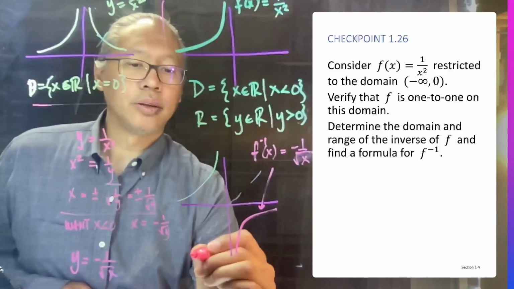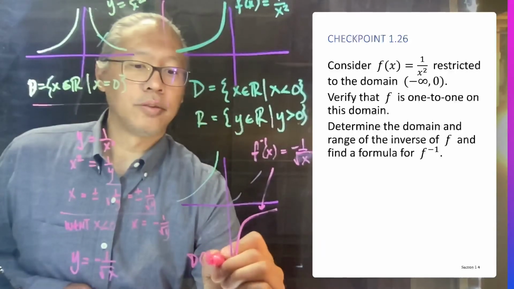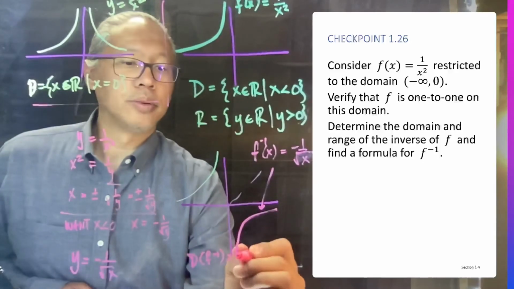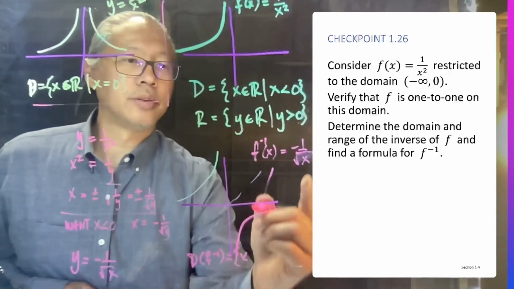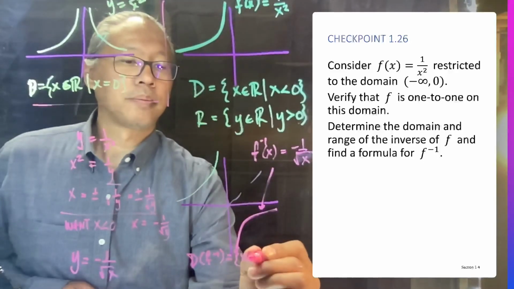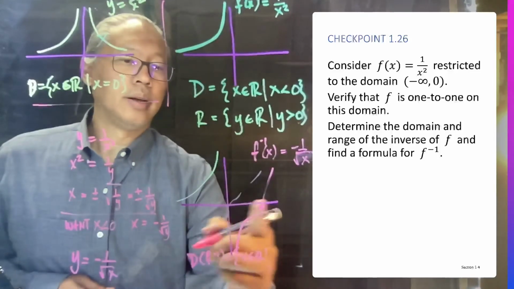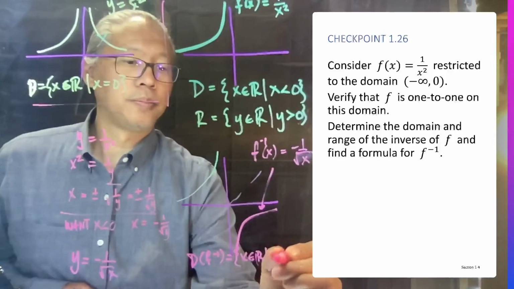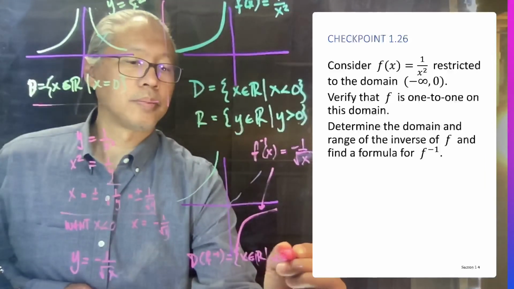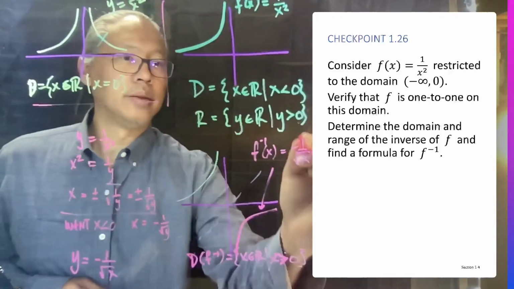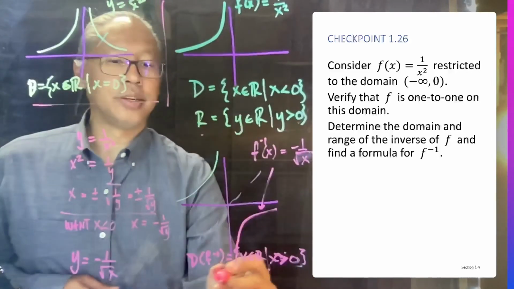So we can write the domain of our f inverse function will be equal to the set of all x values, real number, such that x is going to be bigger than 0. And you know that matches with the range over here.